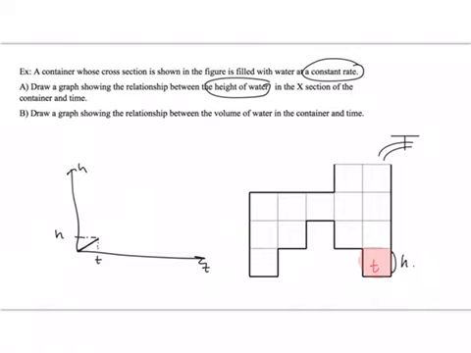And after that, this part will be filled, and the time elapsed will be equal to 2t, and the total height will be equal to 2h. So in our graph, after 2t time passed, I come to the time 3t, and the height will be equal to 2h.